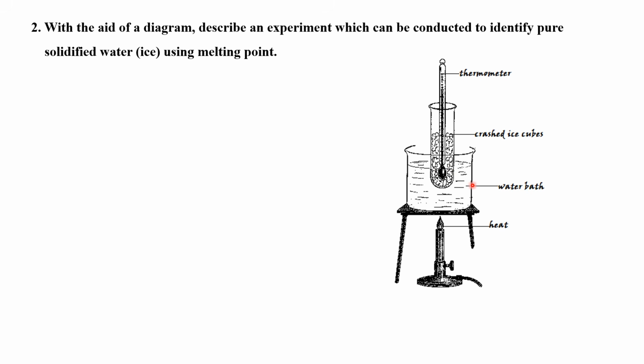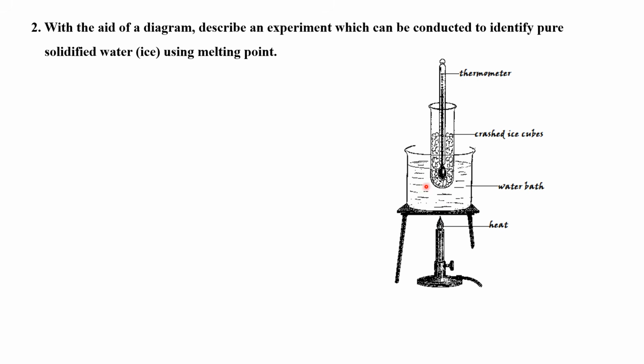And then we have a beaker in which there is water. It's acting as a water bath. The water bath avoids heating the test tube directly. So the heat that we are going to use for this experiment is going to be the one which is gained by the water in the beaker from the source of heat here.